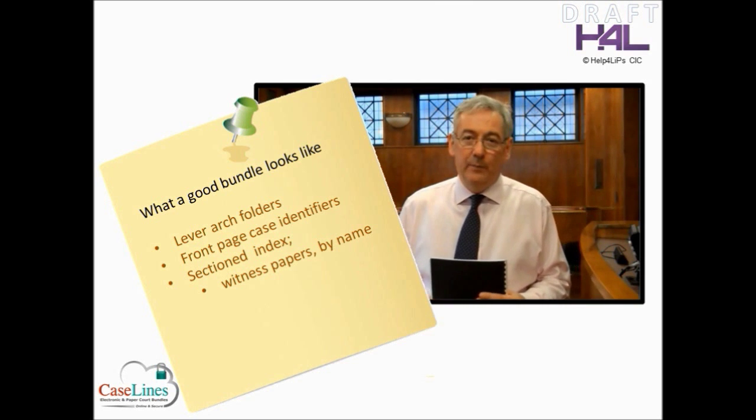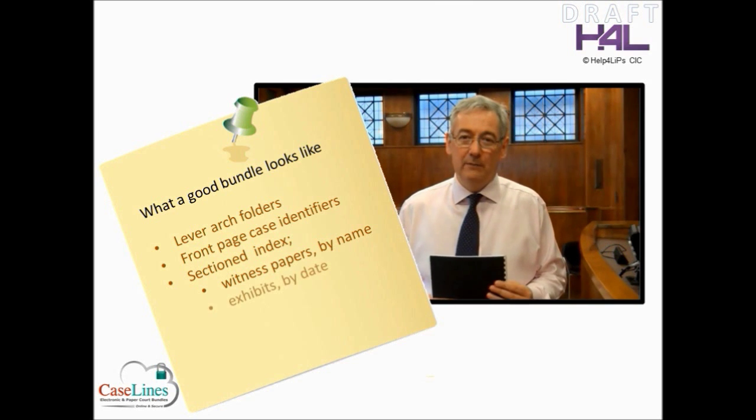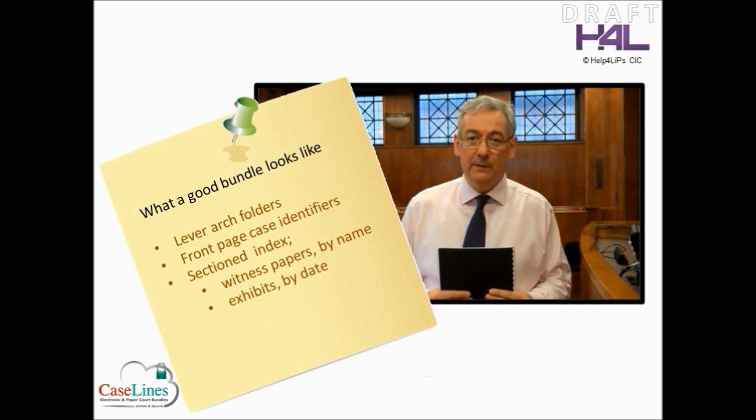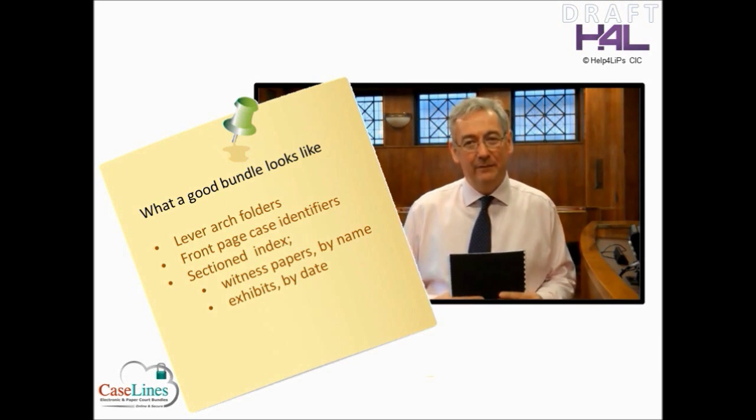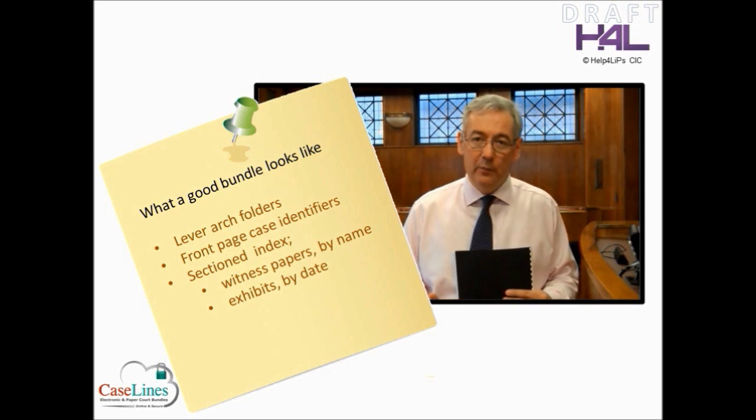Another section would be the exhibits, which are referenced by the witness statements in the witness statement section. And the exhibits are typically ordered by date, so that section can be read from beginning to end as a historical account of what has happened. Those are two important sections.